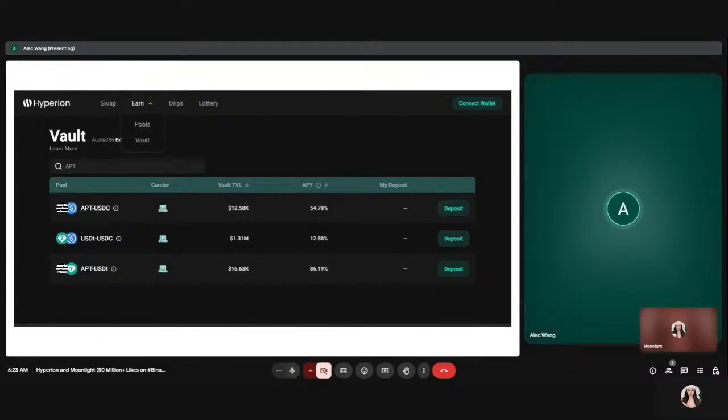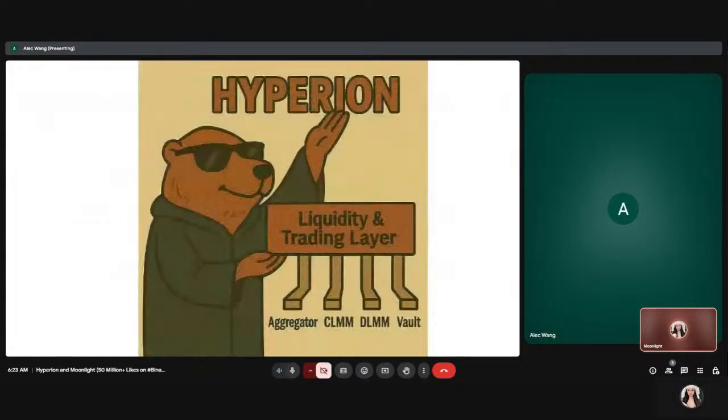That's it. Thanks. Thank you so much, Alex. That's definitely an amazing breakdown, right? It also lets us know about Hyperion's four important modules: aggregator, CLMM, DLMM, and bots, because they work together to deliver deeper and more efficient liquidity and also a passive income opportunity for so many users.